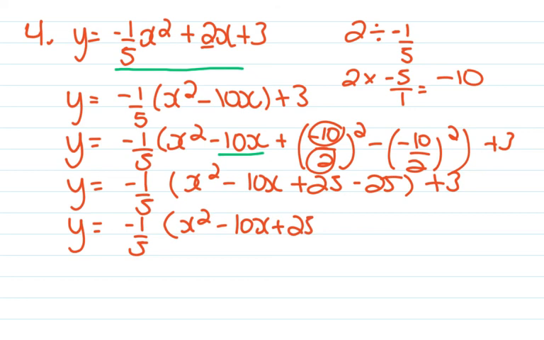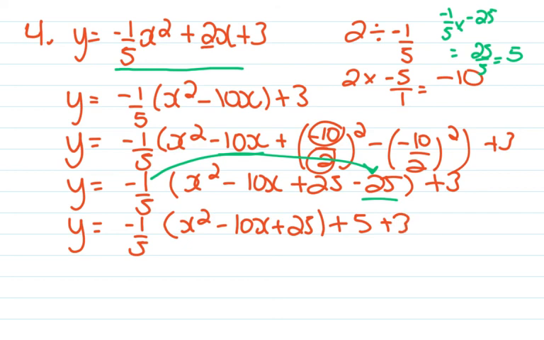Now we want to get that last term out of the bracket, so we need to do negative 1/5 times negative 25. Negative 1/5 times negative 25 equals positive 25 over 5, which is 5. So end bracket plus 5 plus 3.